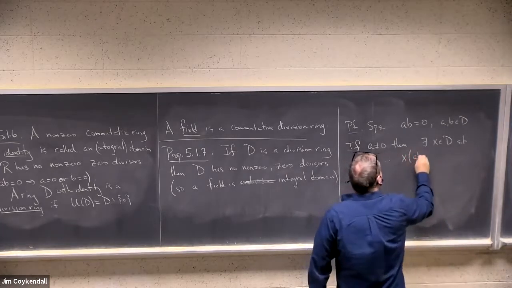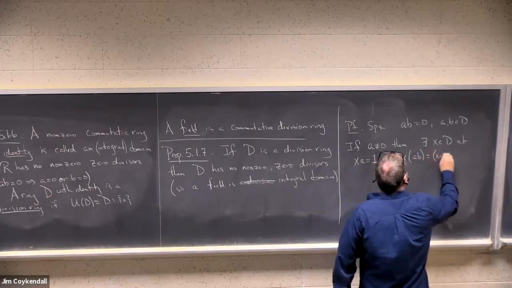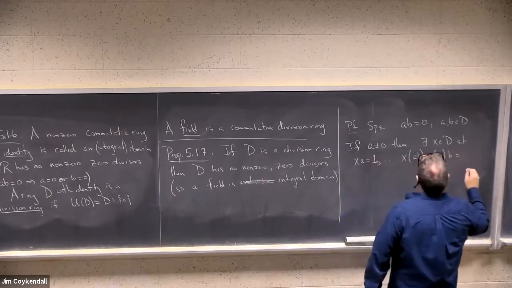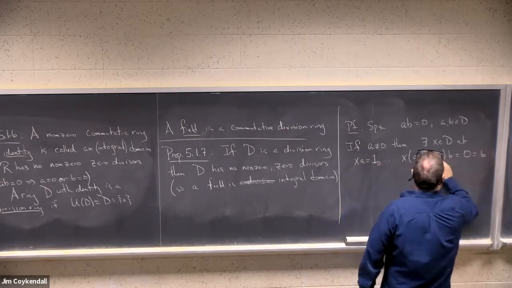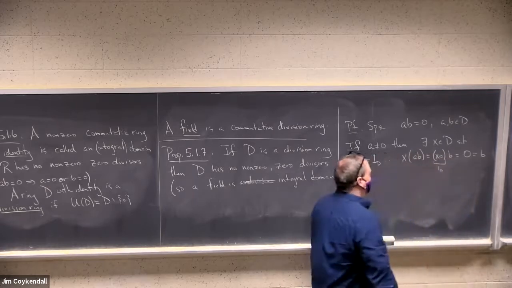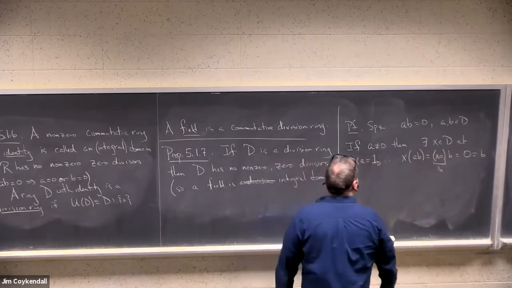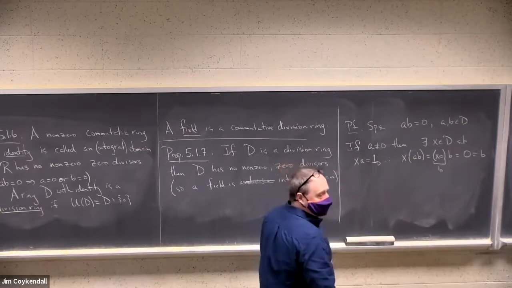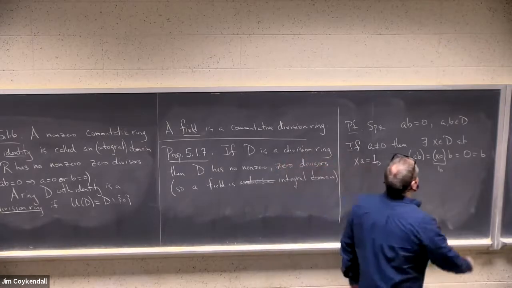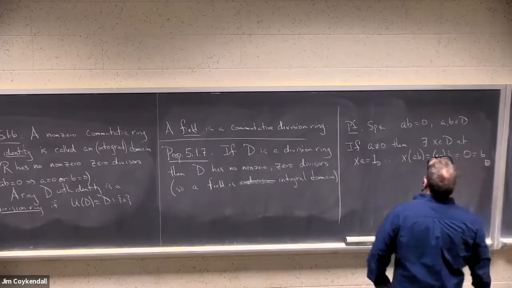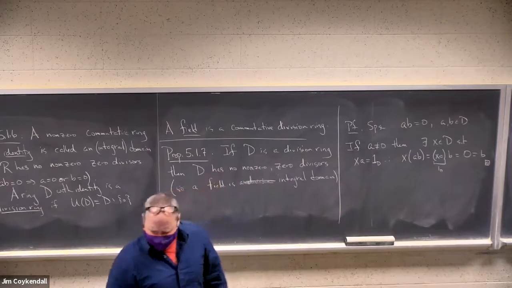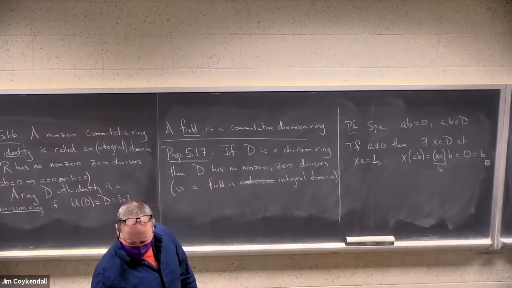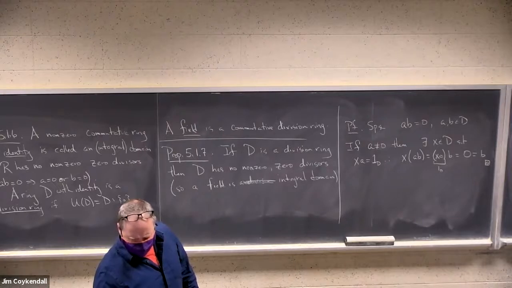Therefore, x a and b, x a and b is 0. So that proves it. So that's a times b equals 0. If a is not 0, then b must be 0. Any questions?